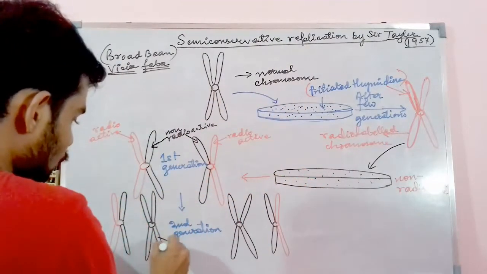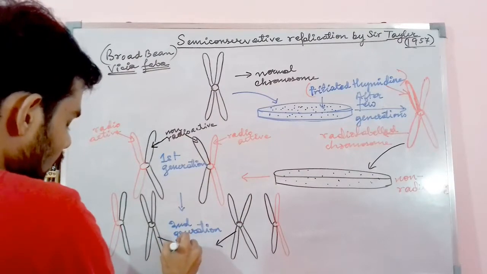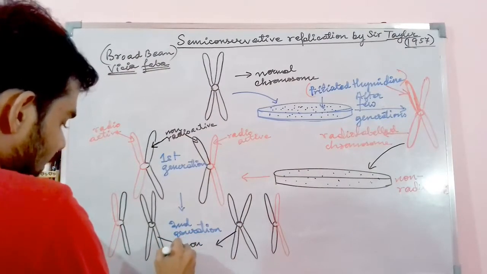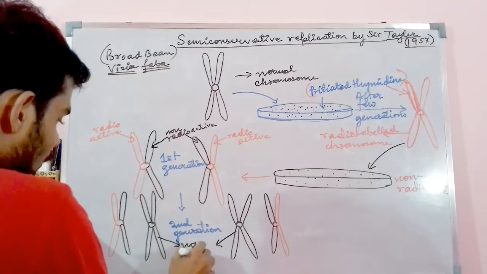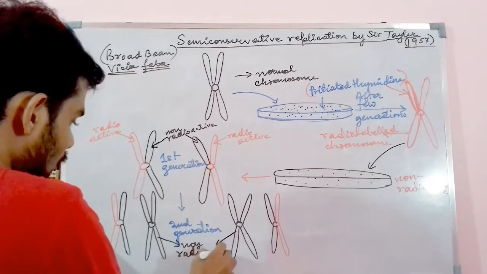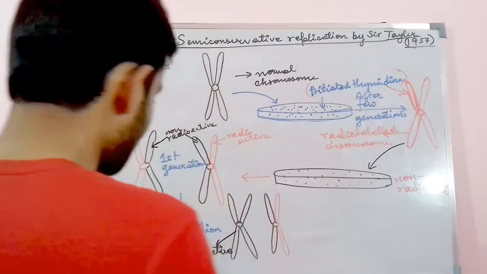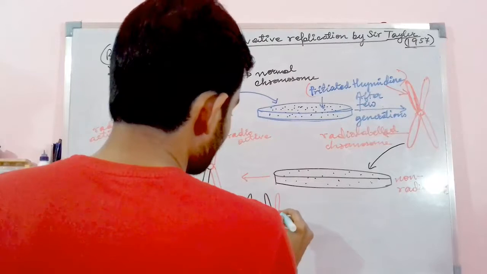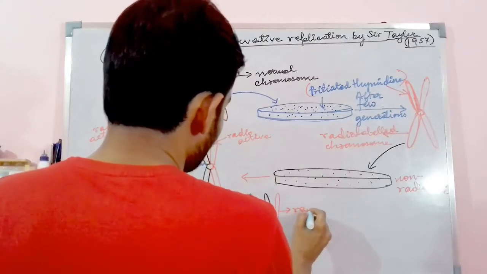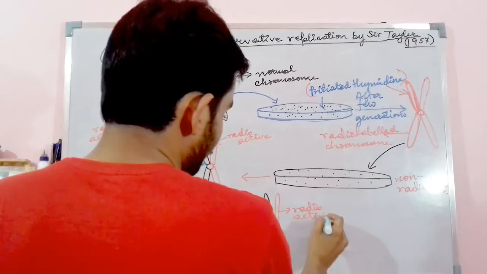These 2 particular chromosomes were showing non-radioactivity, whereas these 2 chromosomes were showing radioactivity.